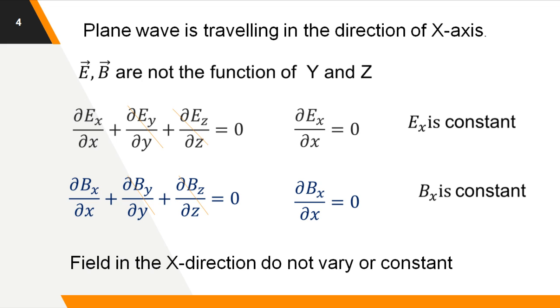See, this is important. Electric field variation produces magnetic field. Magnetic field variation produces electric field. What we concluded just now is that in the x direction, the electric field intensity and magnetic field intensity are not varying.